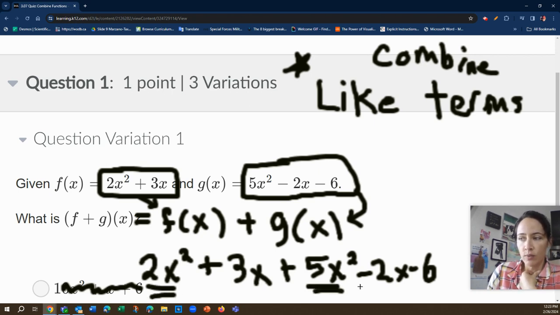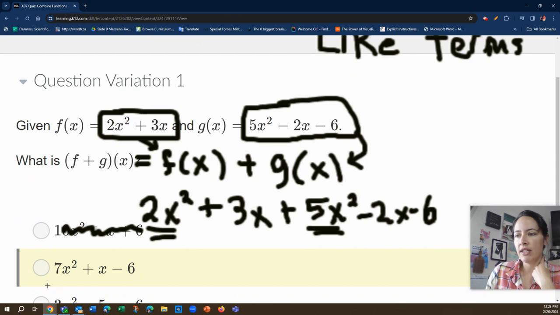If you have 2x squared plus 5x squared, it's like you have 2 apples plus 5 apples, so it's 7 apples. But instead of 7 apples, it's 7x squared. Does that make sense? 7x squared. Okay.